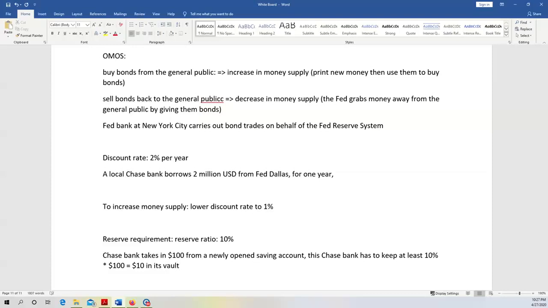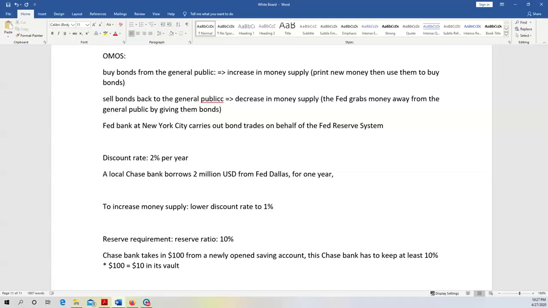So that means if the Chase bank takes in $100 from a newly opened savings account, Chase bank can only loan out at the most $90 to borrowers, people who need to borrow money to buy a new car, new house, or other stuff. Chase bank has to keep at least $10 for every $100 deposit it takes in its vault.